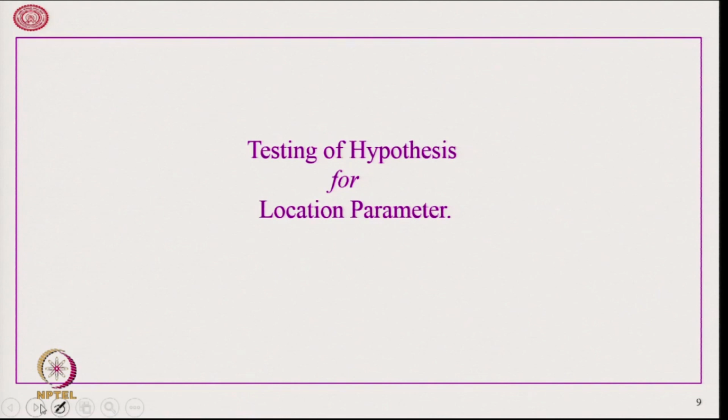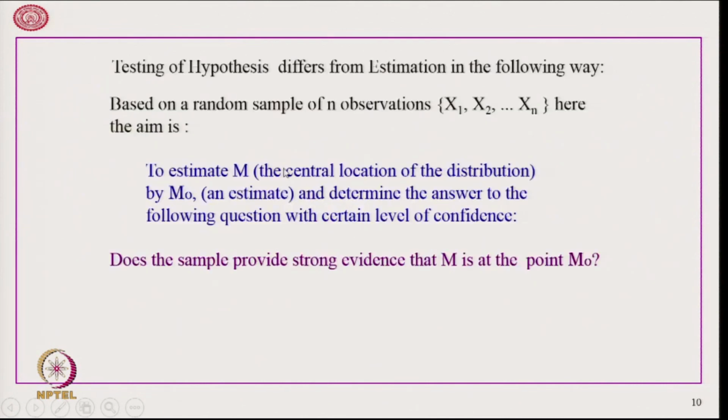Therefore, the most important concept is testing of hypothesis. Testing of hypothesis differs from the concept of estimation in the following way. Here, based on a random sample of n observations, let me call them x 1, x 2, x n, our aim is to estimate m, the central location of the distribution, by some value m naught.